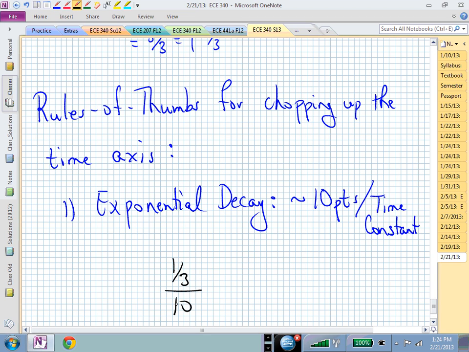We divide that by 10. And that now says, if you wanted to chop up your time axis based on that e to the minus 3t exponential, you would sample that or chop up that time axis with a resolution of 0.033333.